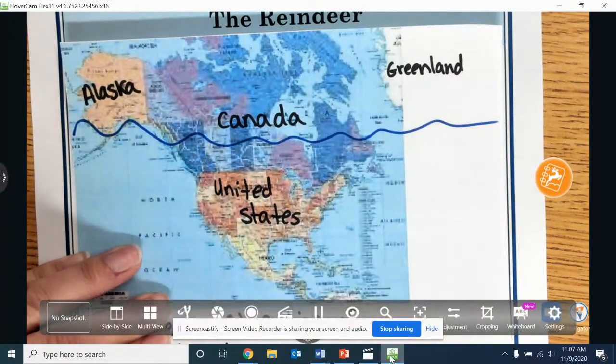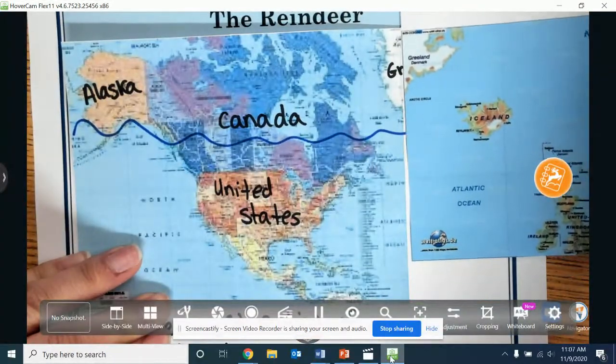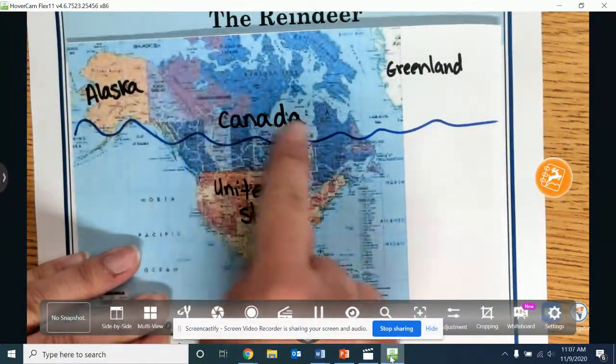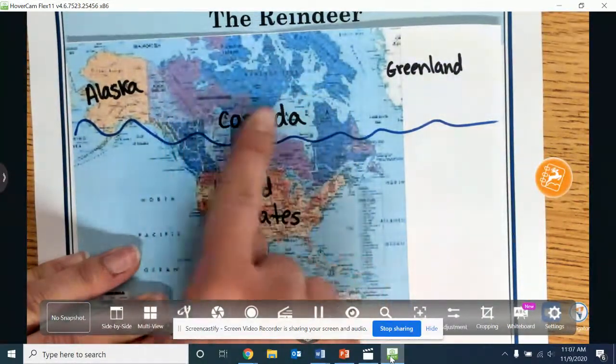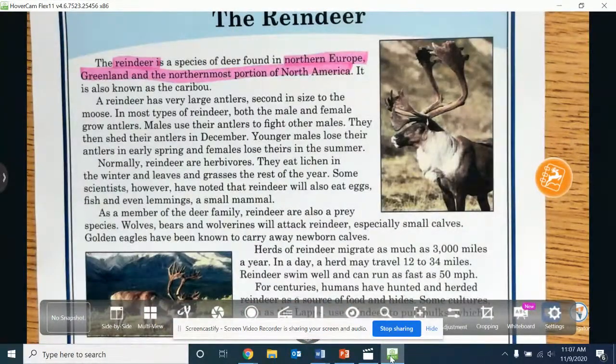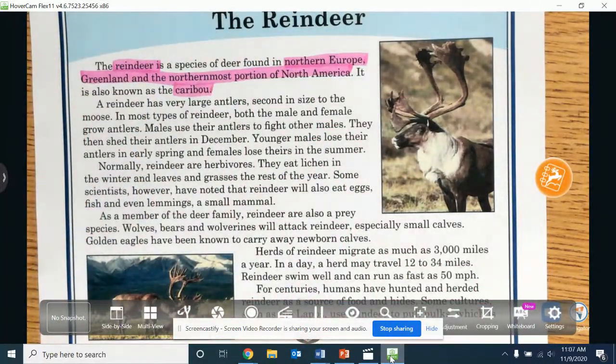So let me try to connect it here. It's a portion from that other map, okay? And this big section is Canada, so reindeer are found along here and in parts of Alaska too. And another name for the reindeer, people also call it the caribou.